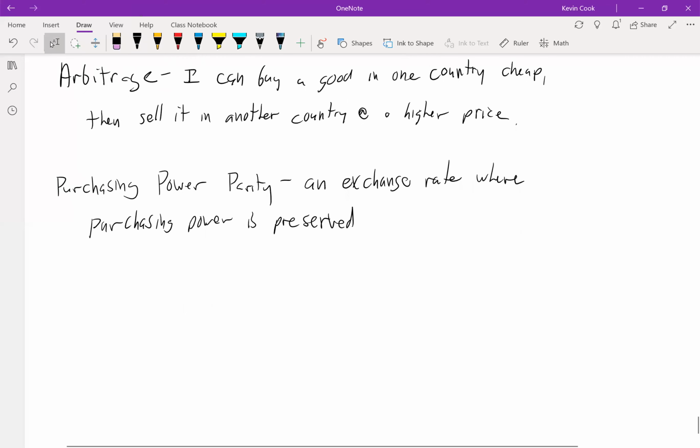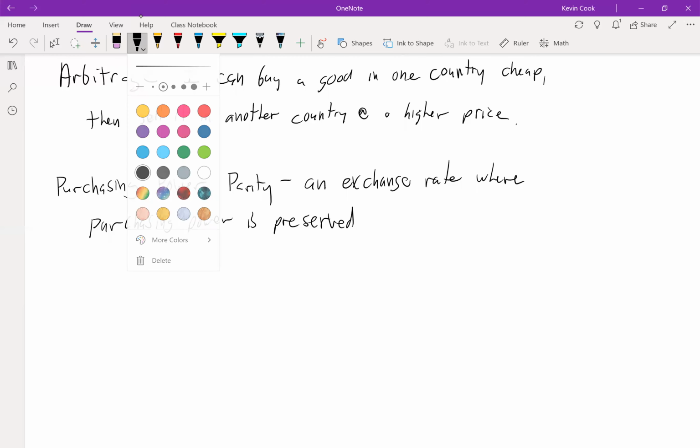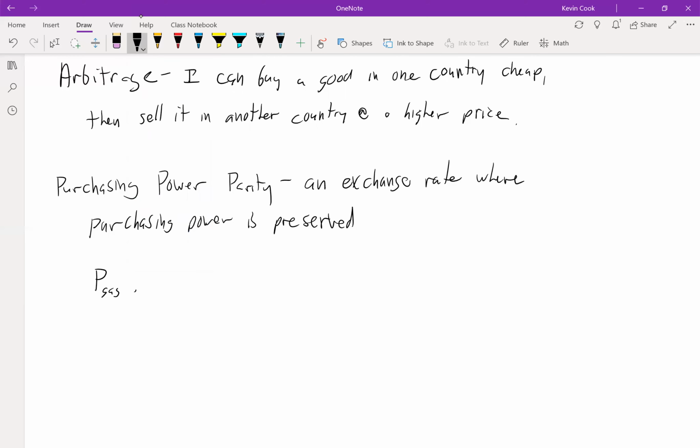So what we'll do with this is, say the price of gas in pounds is 1.40 a gallon, and the price of gas in dollars is 1.62 a gallon.